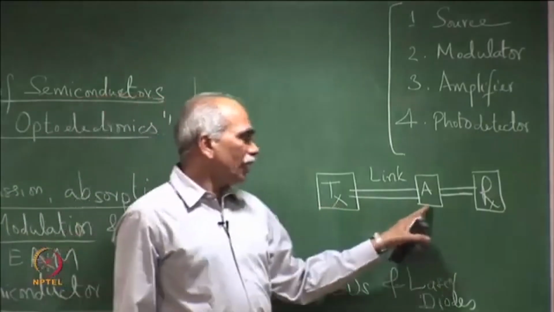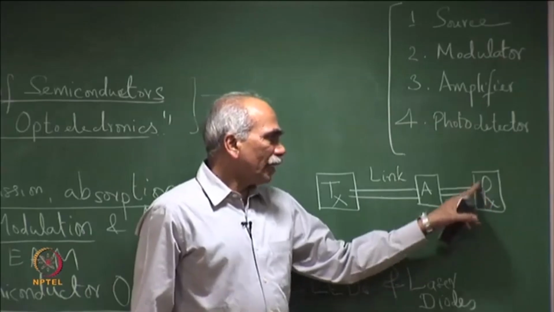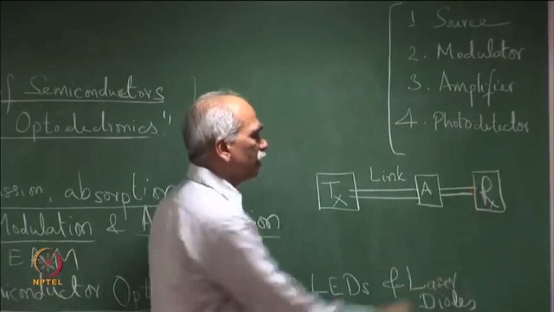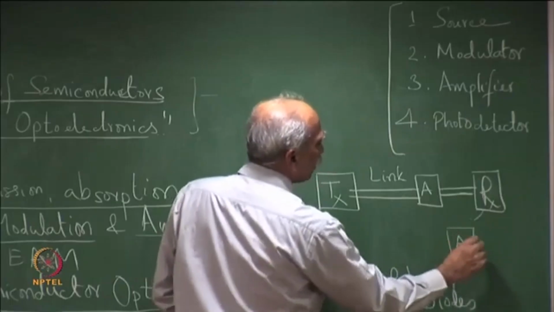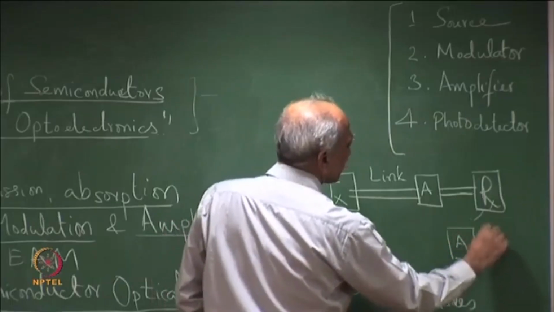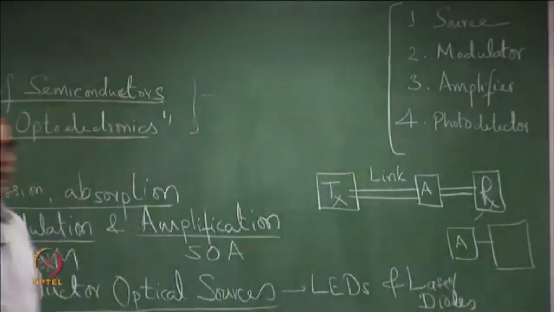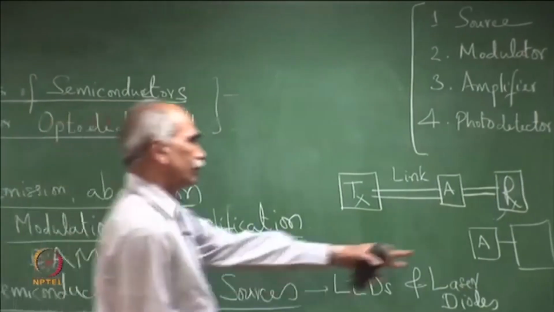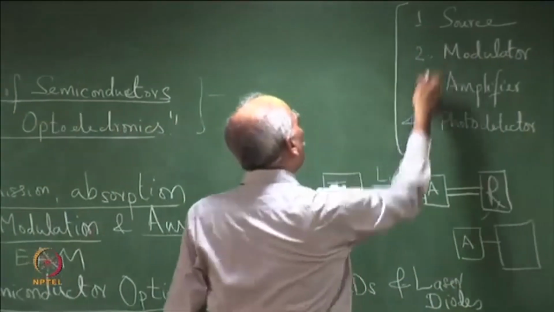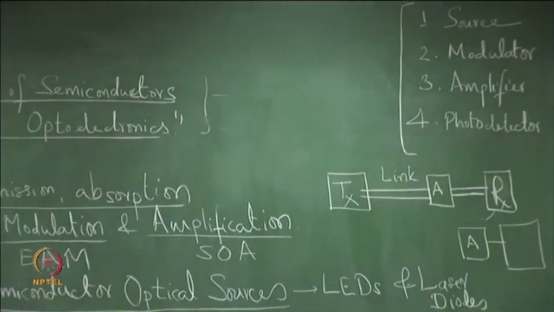There could be inline amplifiers, and similarly at the receiver we may have a preamplifier, and then of course the processing circuit which may comprise filters, photodetectors, demultiplexers and so on. So, these are the important basic building blocks of a communication system.